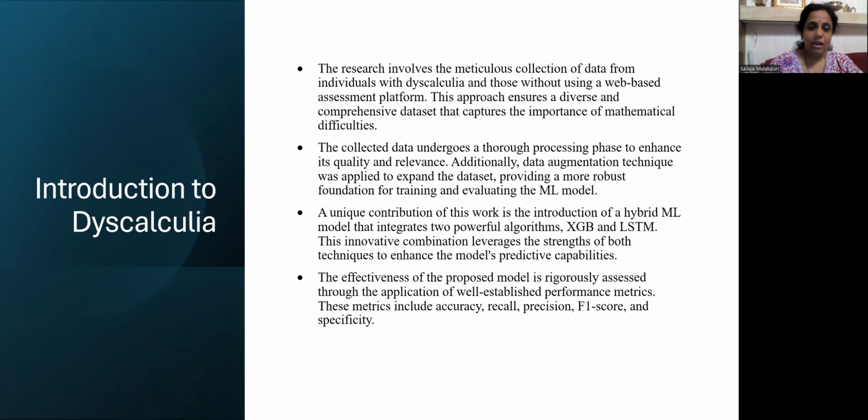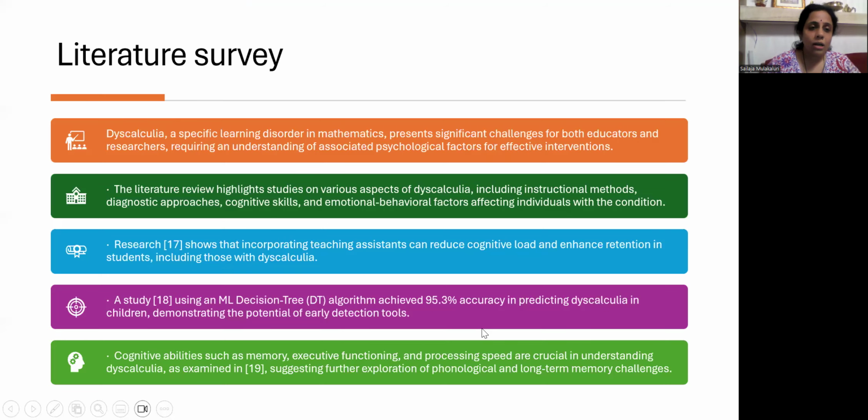So let's have a brief understanding of the survey that has been done on this particular topic. That is, what other research has been going on in the field of dyscalculia using machine learning?